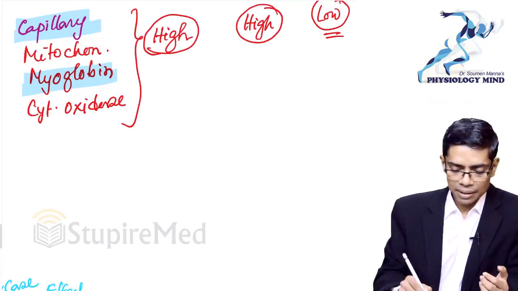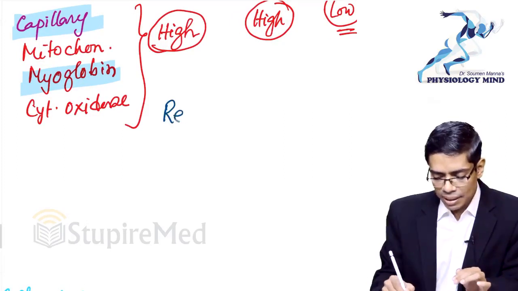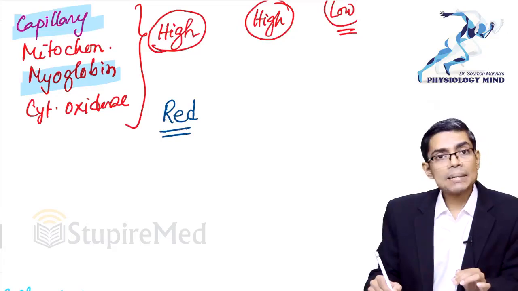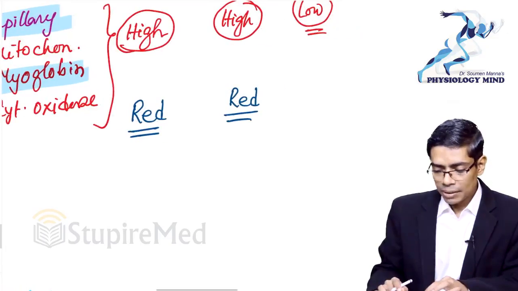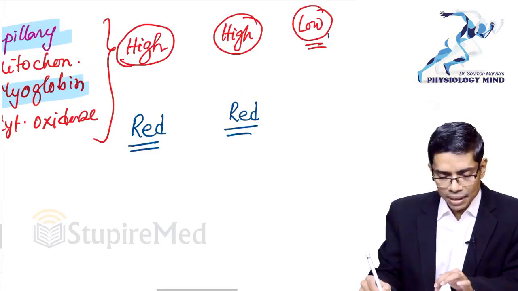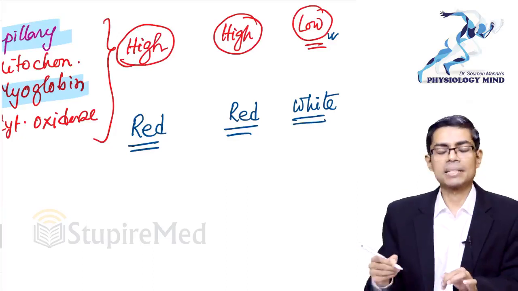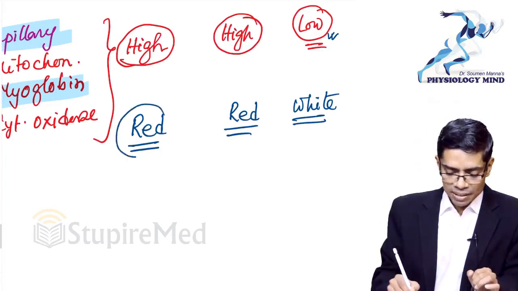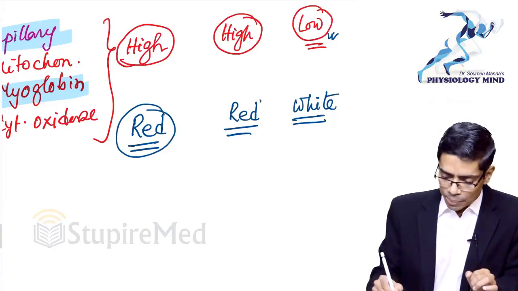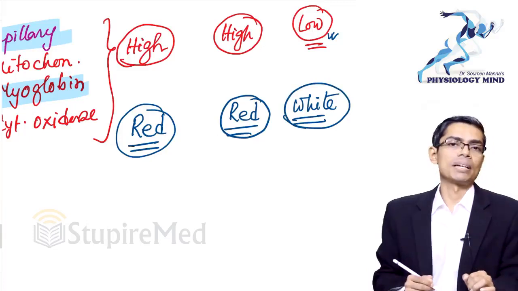This will be red. That's why the type 1 fiber is a red muscle fiber. Type 2A is also red muscle fiber. But where the capillaries are very few, this muscle will behave like a white muscle fiber. Am I clear? Okay. So red muscle is type 1, type 2A is also red muscle, but type 2B is white muscle.